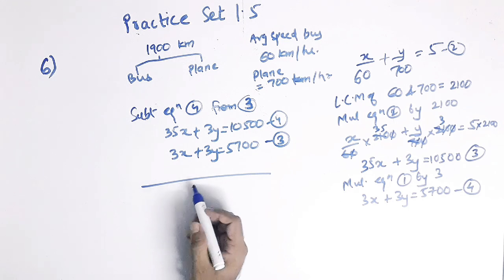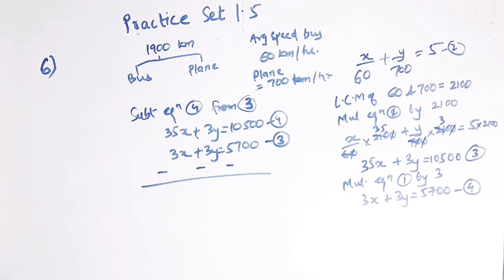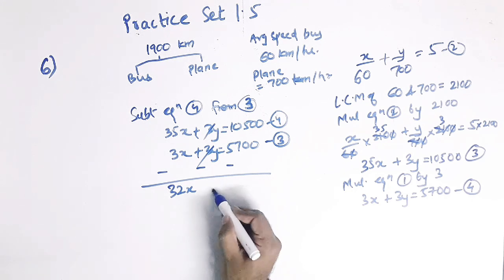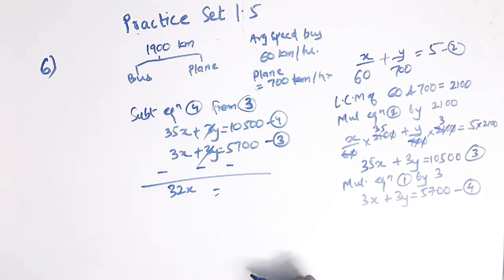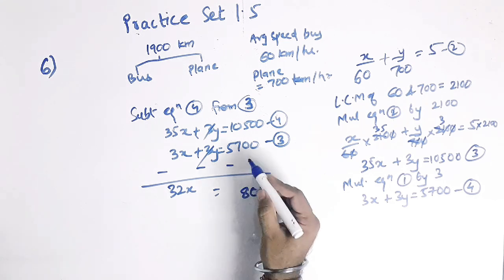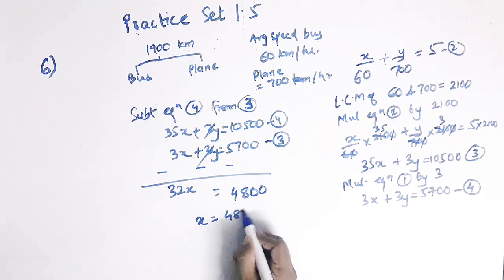Now if you subtract, this becomes 32x, the y terms get cancelled. What is 10,500 minus 5,700? It is 4800. So 32x is equal to 4800.